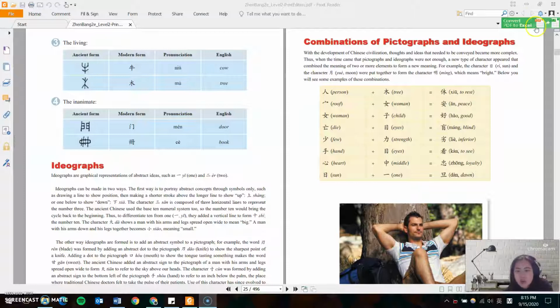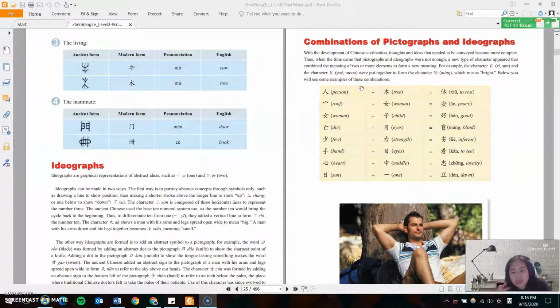And just so you know, with these combinations, some of these are actual characters on their own, but some of them we do not use, right? And of course, as you know, we do need to put context with these other characters. So 休 on its own does mean to rest, but we also say 休息 to take a break, right?